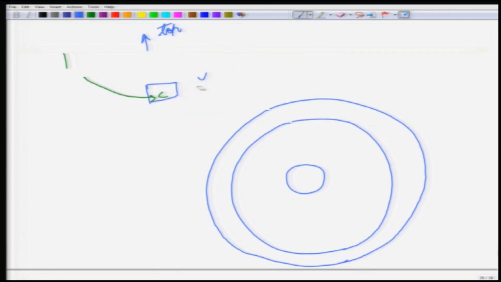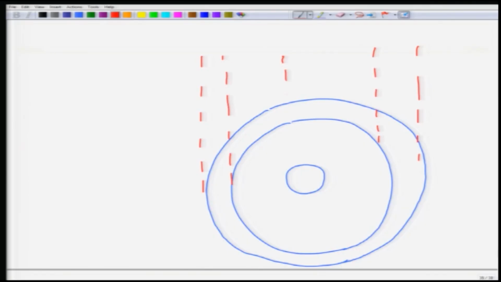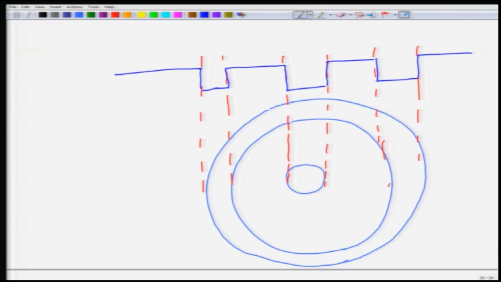So, if you take a section of this, this area is having a pit, this area is elevated, then this area again is having a pit, followed by the normal ground.